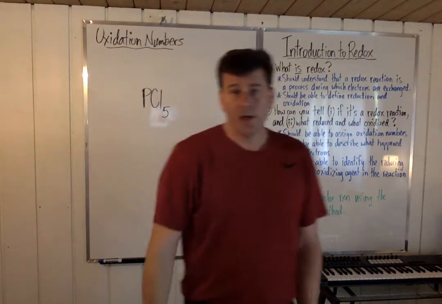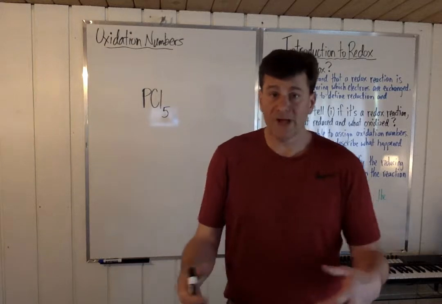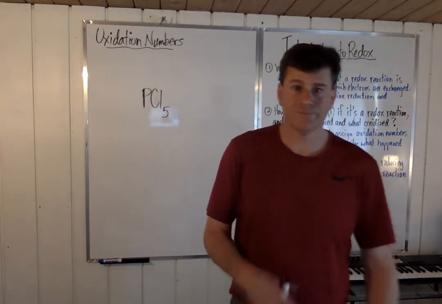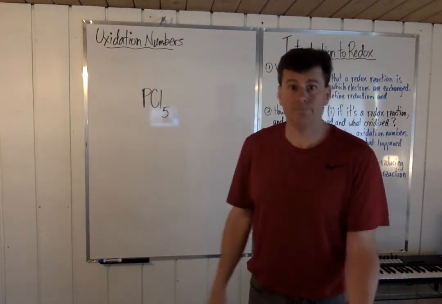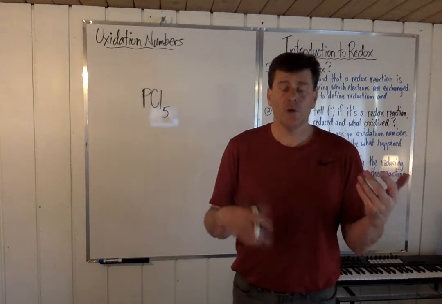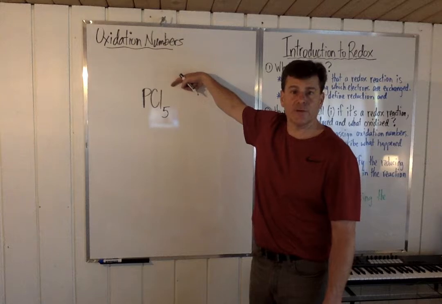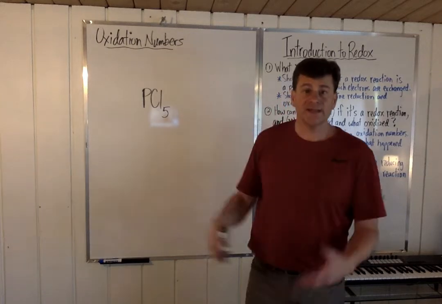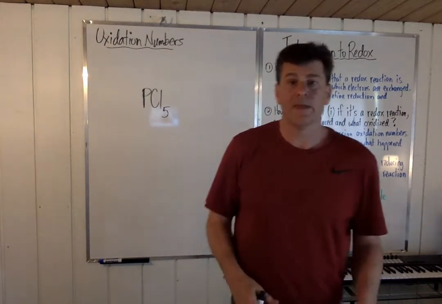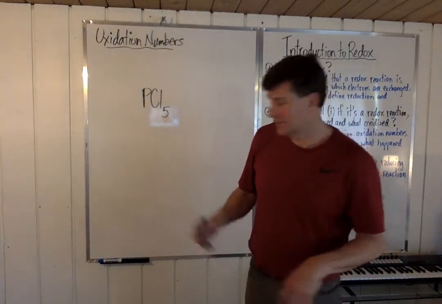PCl5. Okay, so that would be called Phosphorus Pentachloride. That's its name. Now, this is the molecule. What is the molecule's overall charge? Well, because nothing's written in the top right-hand corner for the overall thing, it has an overall charge of 0. Keep this in mind.